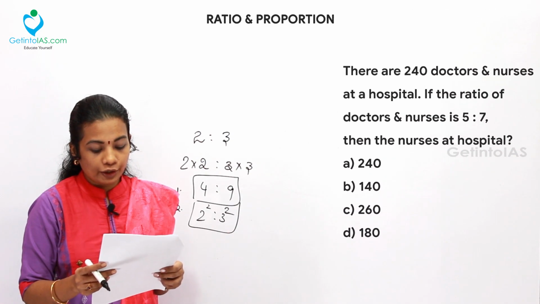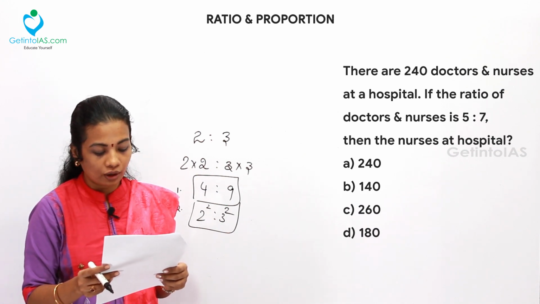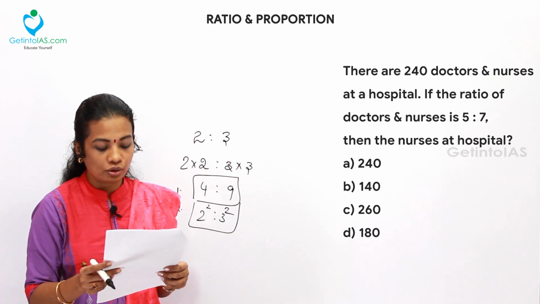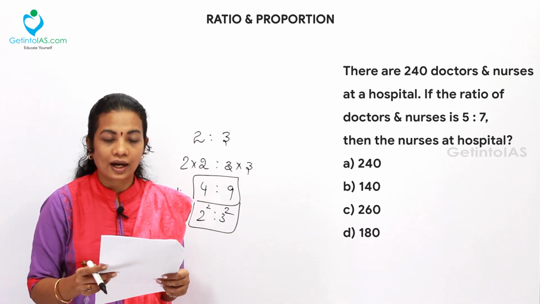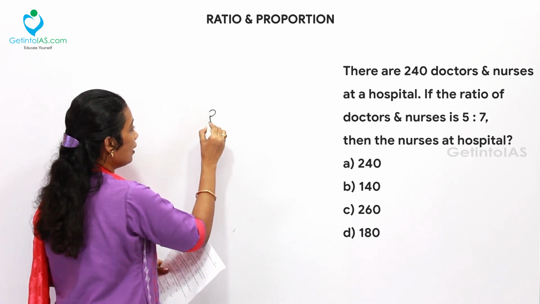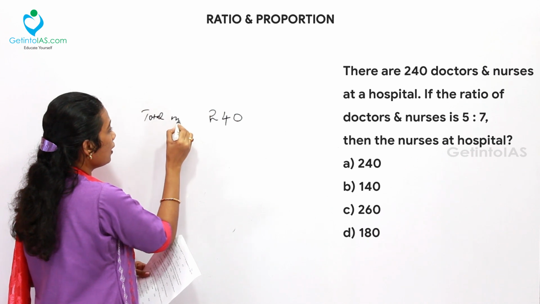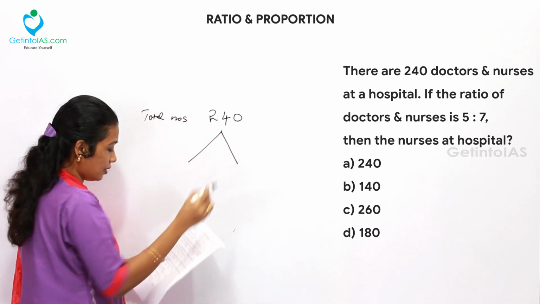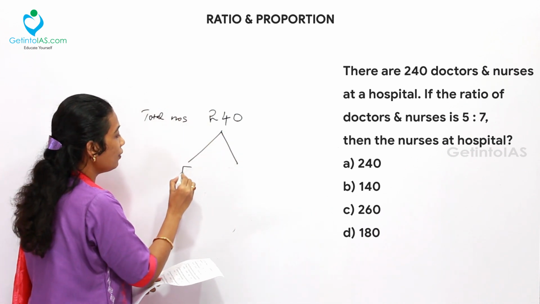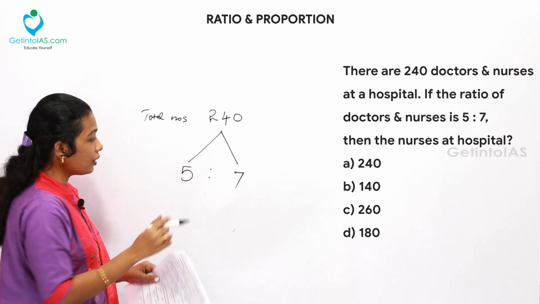The next question. There are 240 doctors and nurses at the hospital. If the ratio of doctors to nurses is 5:7, then the number of nurses at the hospital is? The total number of doctors and nurses together is 240. They are saying 5:7 is the ratio of doctors to nurses.